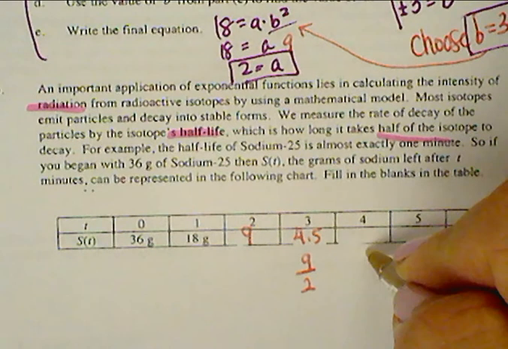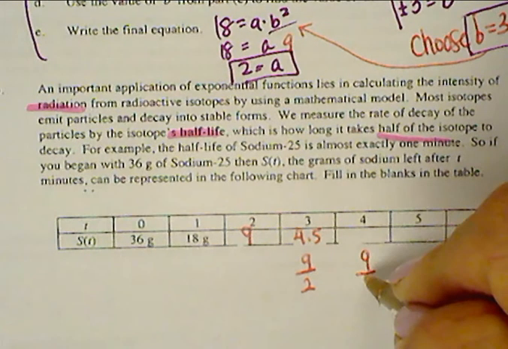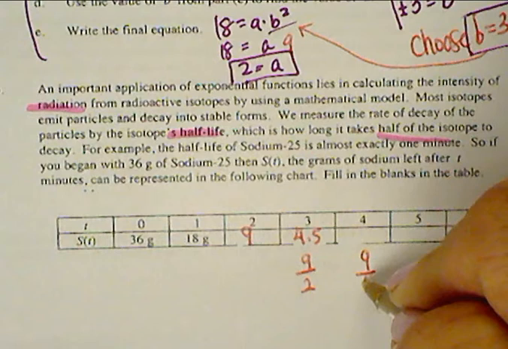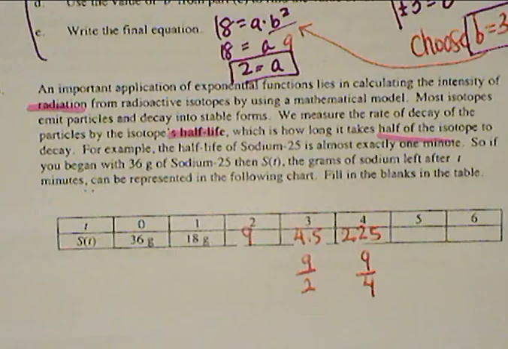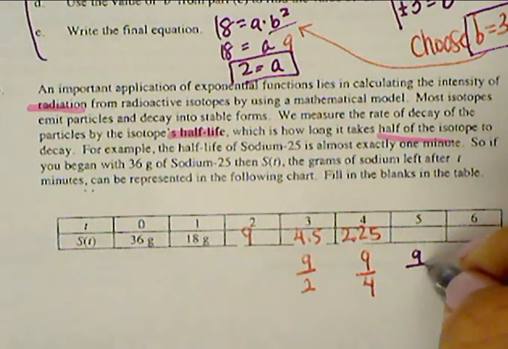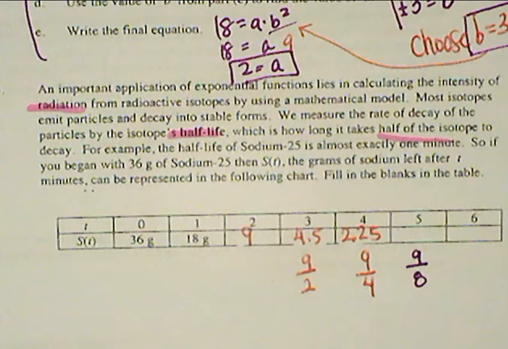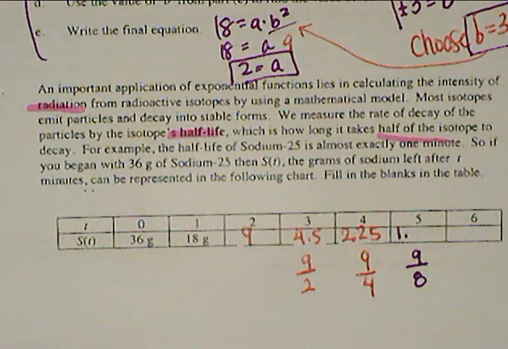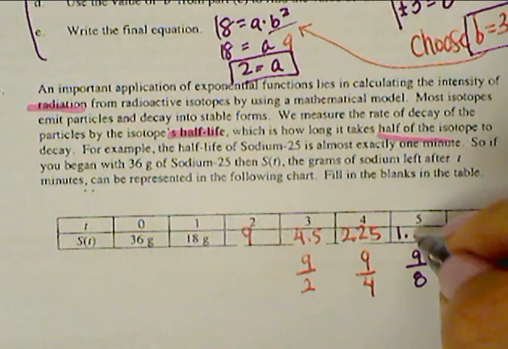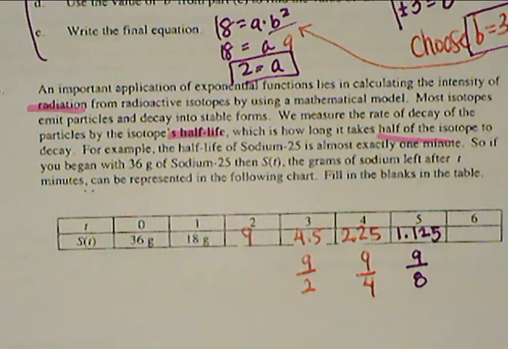9 over 4, right? Or 2.25. What's half of that? 9 over 8, which is 1.125. What's half of that?